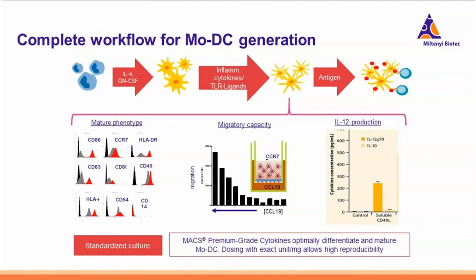The exact unit-per-milligram dosing allows high reproducibility. These data show the functionality of MoDCs differentiated and matured using these cell culture solutions. These cells are able to increase expression of activation markers during maturation. They are able to migrate in a migration test, and they are also able to produce IL-12 upon stimulation with cytokines.